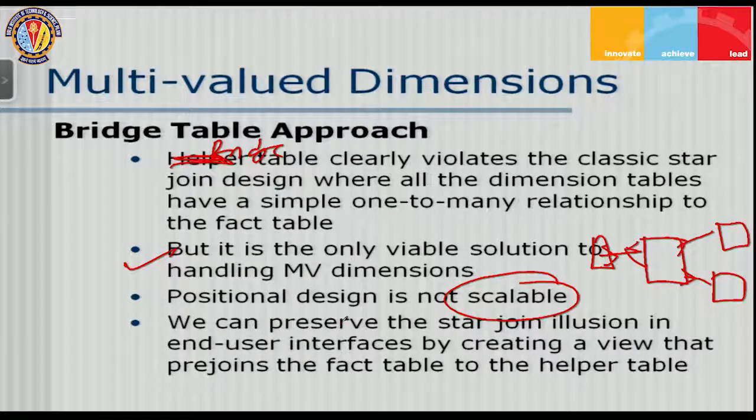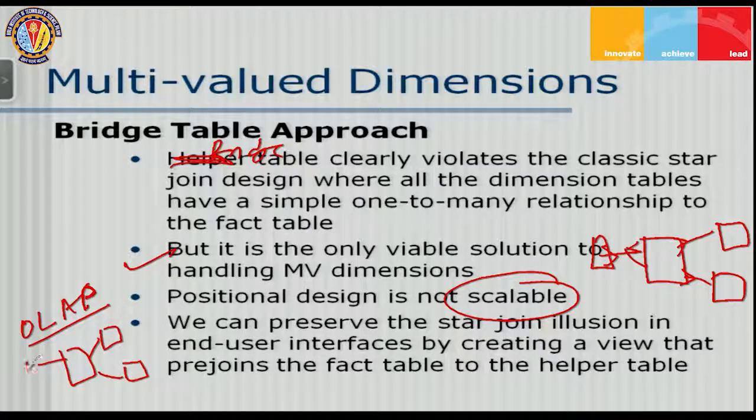So we can preserve the star join illusion. A bridge table is the only solution to this, but as I told you earlier, some OLAP tools that allow you analysis on top of a data warehouse insist that the database is a classical star schema, and no distortion of star schema would be acceptable.